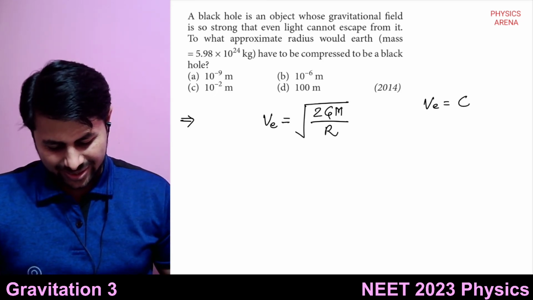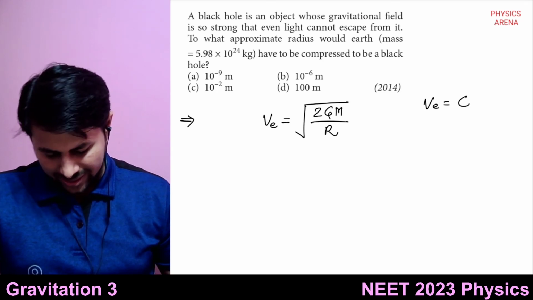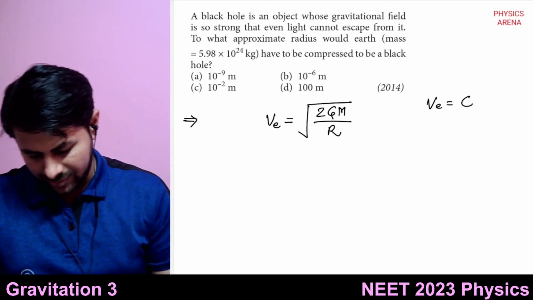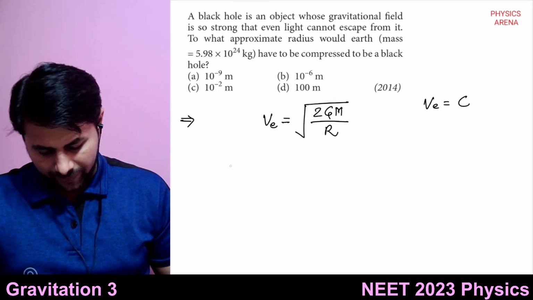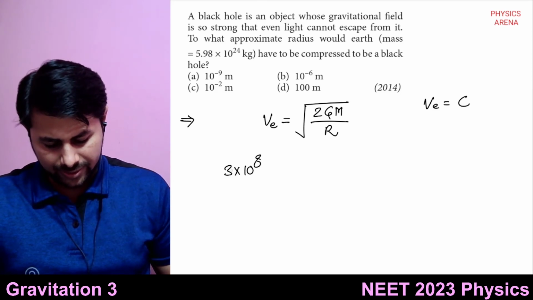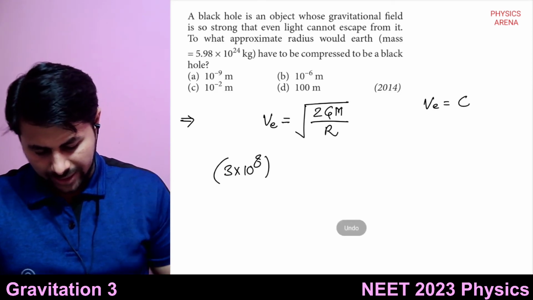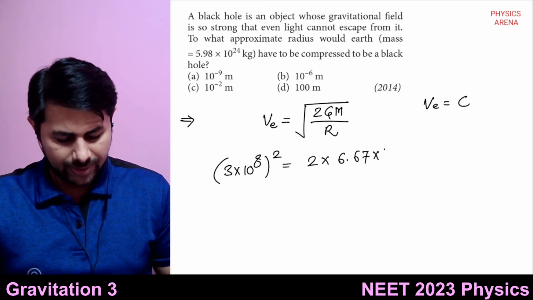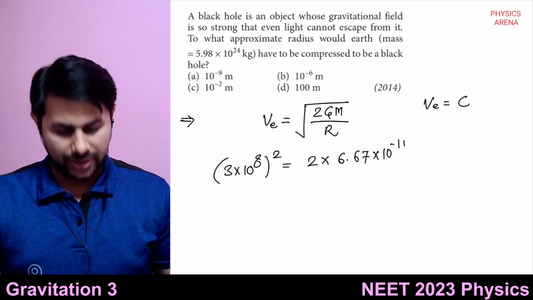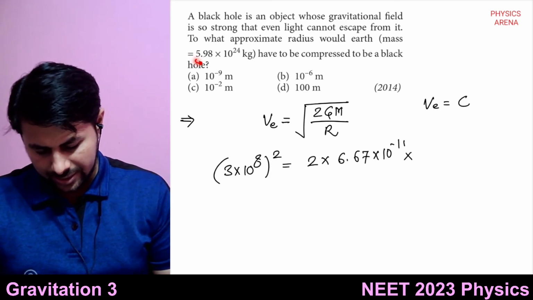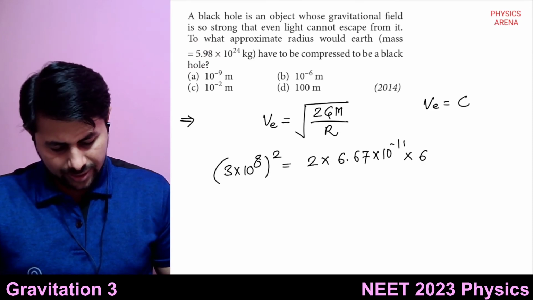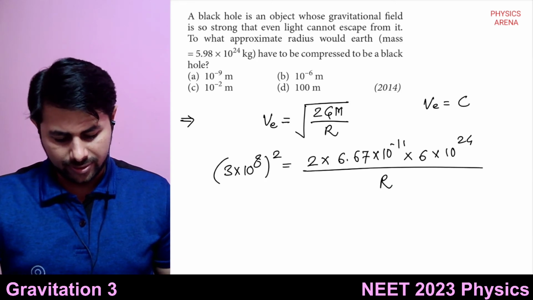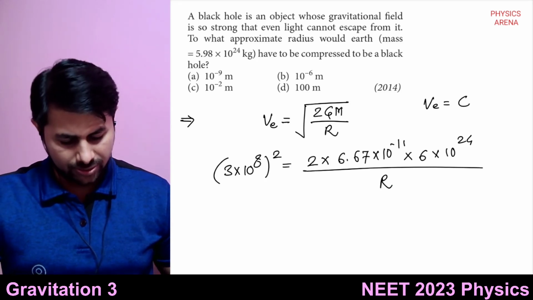So then what do we get? We have to substitute these values and solve it. So it is 3 multiplied by 10 raised to 8, and we'll take the square of that, is equal to 2 times 6.67 multiplied by 10 raised to minus 11, the value of G, multiplied by 6 multiplied by 10 raised to 24, divided by R. They are asking us about R only.